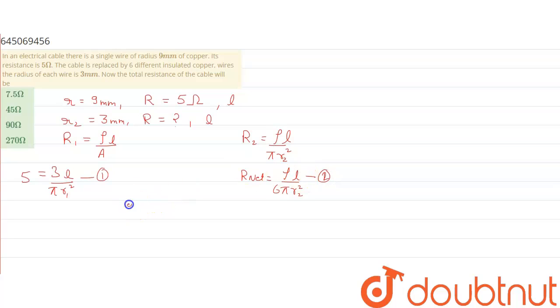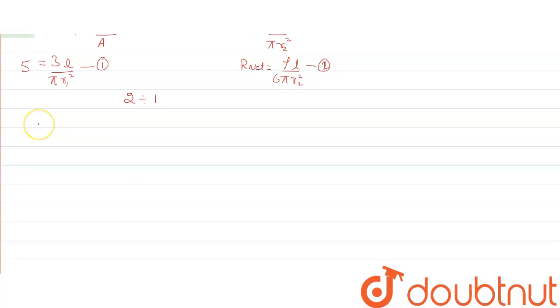Now let us divide equation number 2 by equation number 1. We will have R2 divided by 5 equal to rho L upon 6 pi r2 square, multiplied by pi r1 whole square divided by rho L. So here rho L and rho L will cancel out.